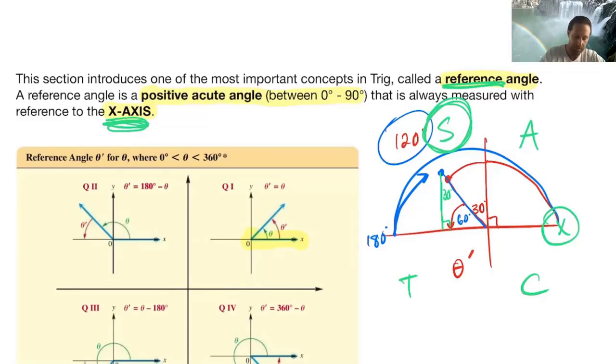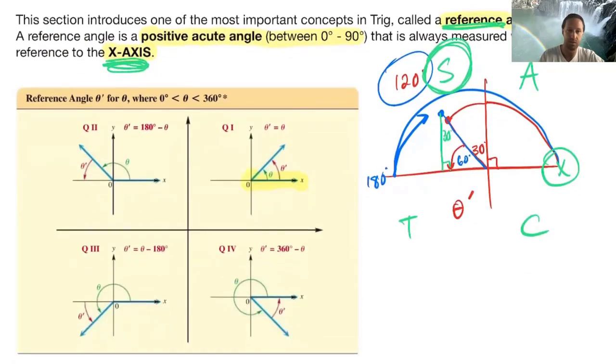So when they tell us to do some angle theta, like I gave you 120 degrees, then we're going to rotate that, and that's going to put us in quadrant 2. But we're going to actually draw and keep the acute, the smaller angle, down to the x-axis so that we can create our right triangle and hopefully have a really nice angle like a 30, a 45, or a 60 to work with.